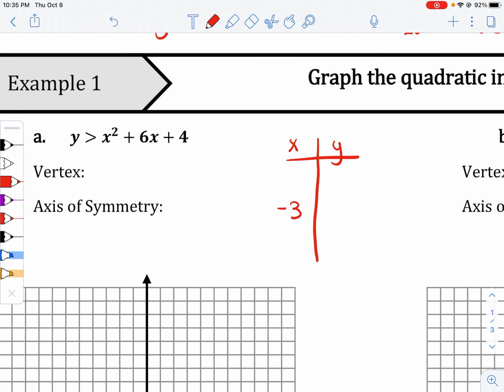So -3, and then our y was -5, -4, -5, -2, -1. Just remember, count 2 on either side. So -4, -4, -1, -1. It's been a while since we've done these. So our vertex is (-3, -5). Our axis of symmetry is at x equals -3.